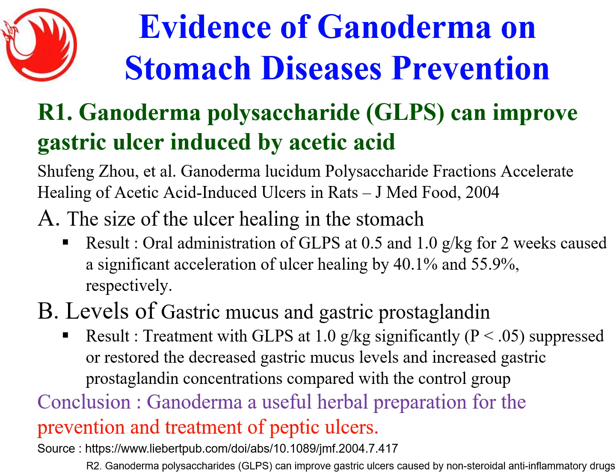So after 2 weeks, they look at two areas: the size of the ulcer in the stomach and the level of gastric mucus, as well as the so-called prostaglandin. So this prostaglandin is a hormone that actually makes the mucus. So ideally, the size of the ulcer should be smaller, and we should see the mucus there to protect.